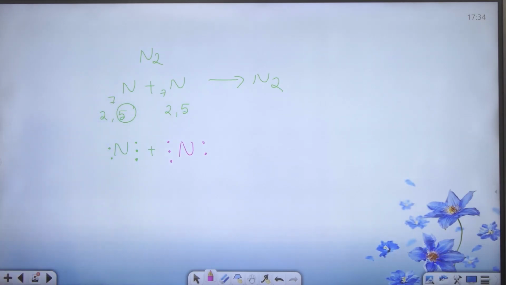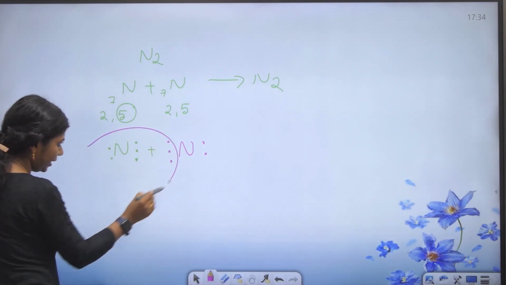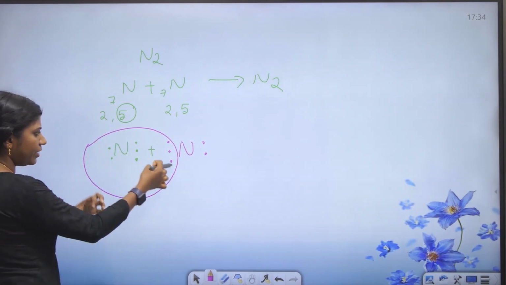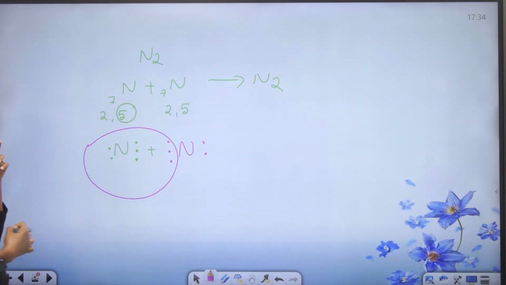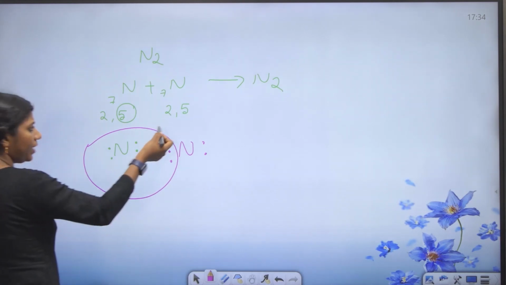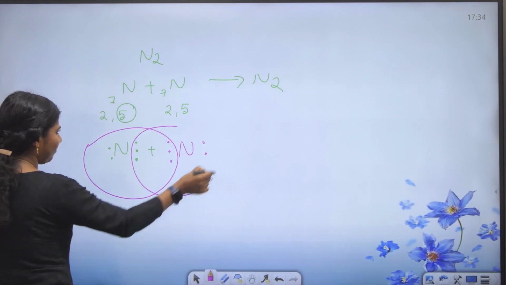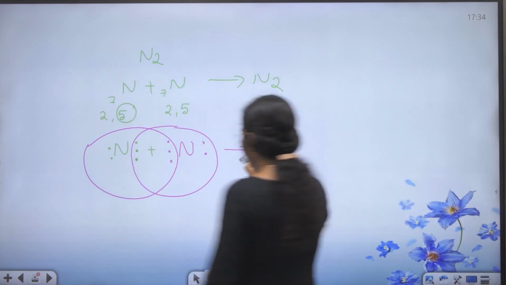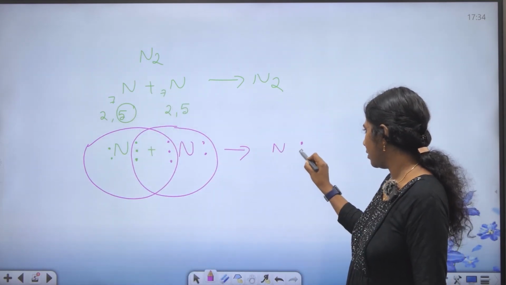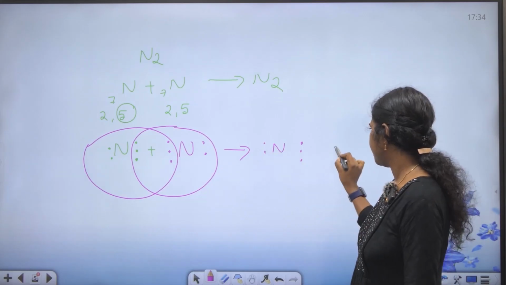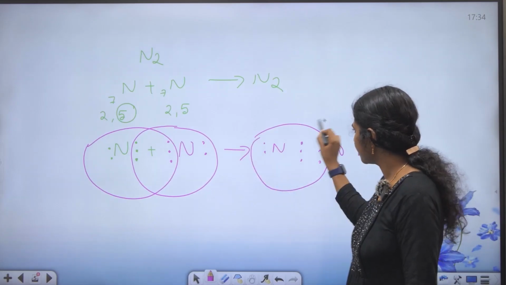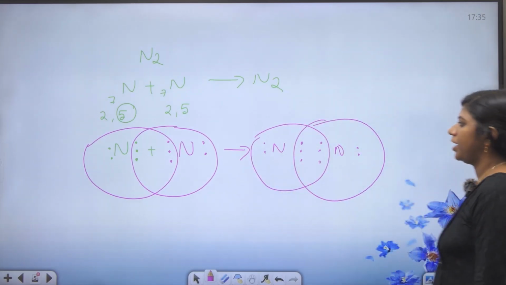Here each nitrogen atom requires 3 more electrons, so each shares 3 electrons. The green nitrogen atom shares 3 electrons from the pink nitrogen atom, and the pink nitrogen atom also shares 3 electrons from the green nitrogen atom to complete the octet and form the N2 molecule.